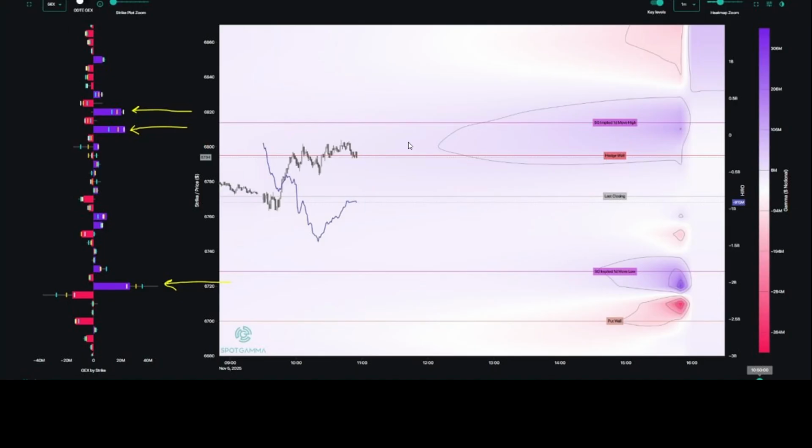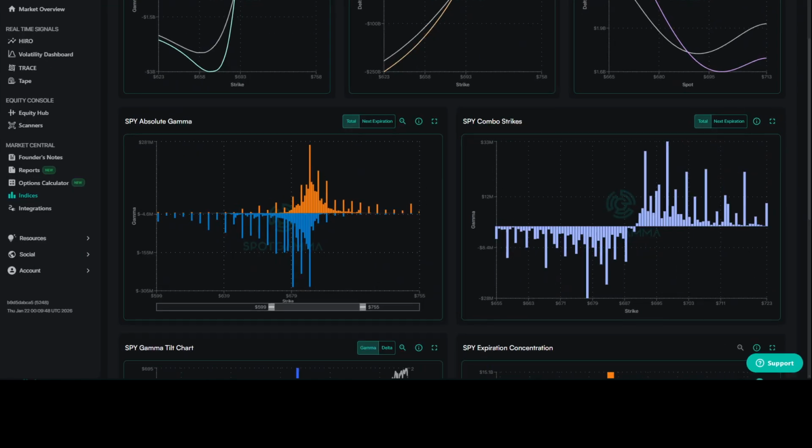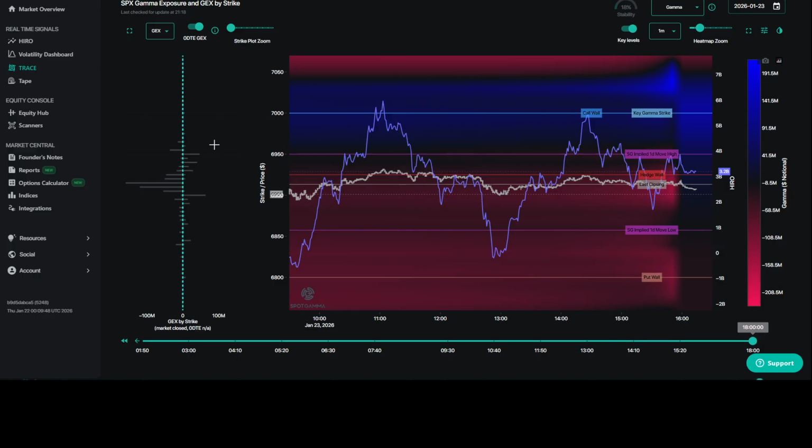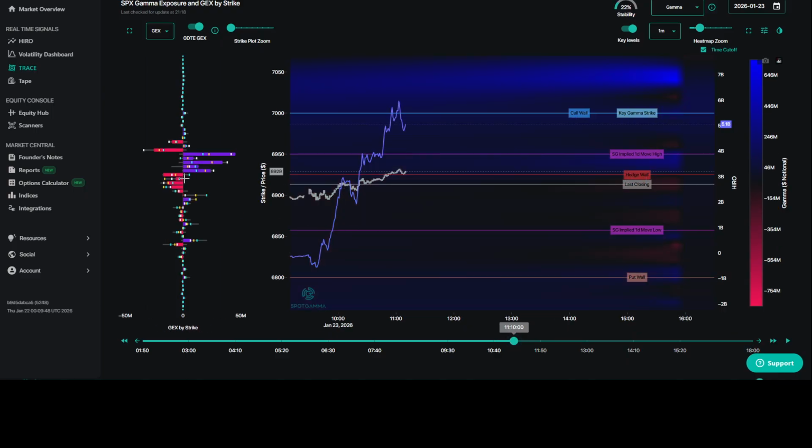This is another example from trades from SpotGamma. Trace is similar to GexBoss, but the difference is that Trace updates data every 10 minutes.